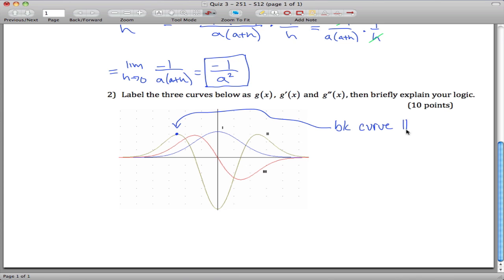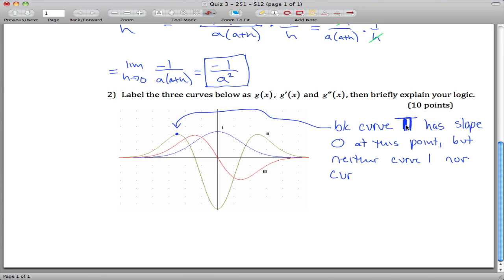So maybe I'll put a little arrow here and say because curve 2 has slope 0 at this point, but neither curve 1 nor curve 3 have height 0 at this point.